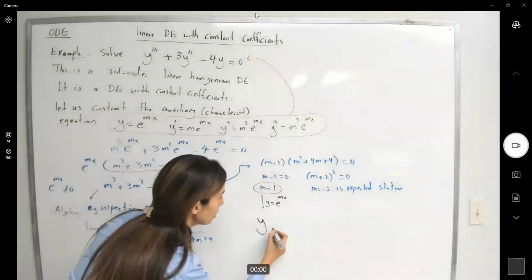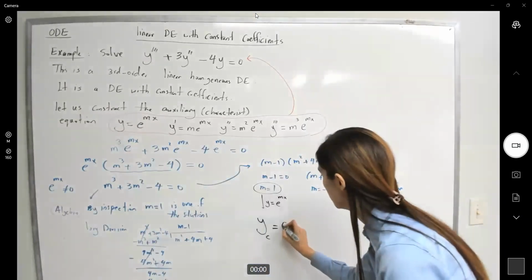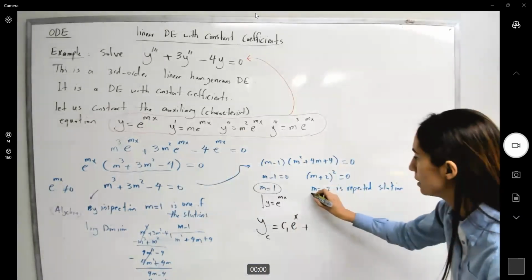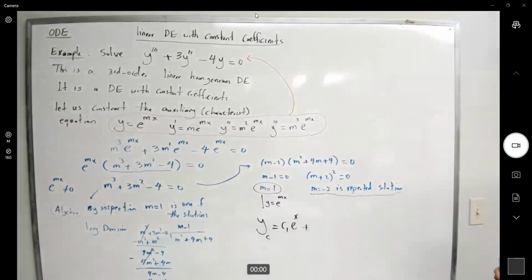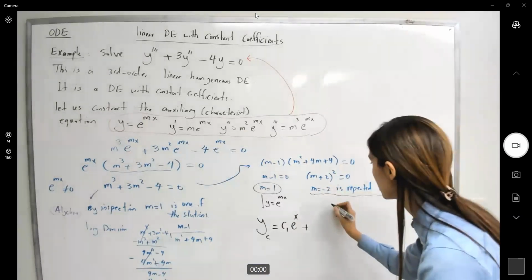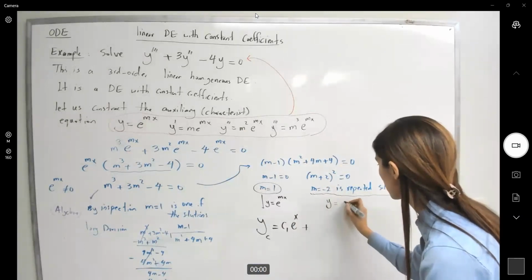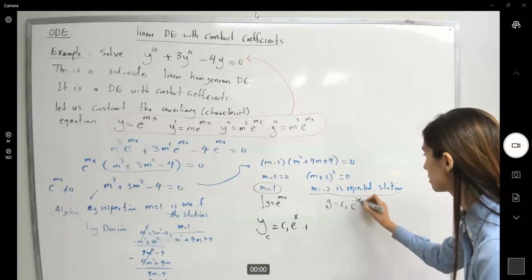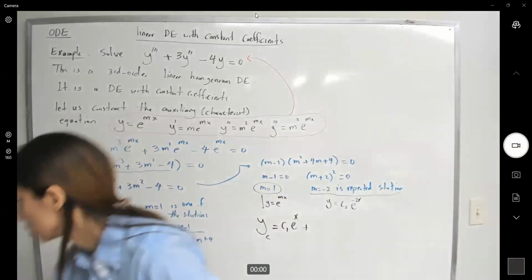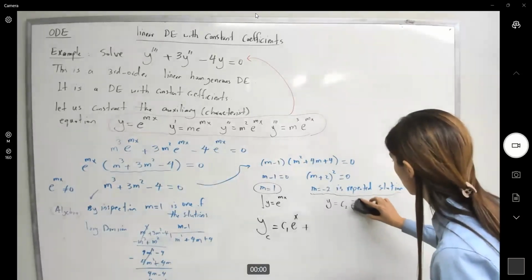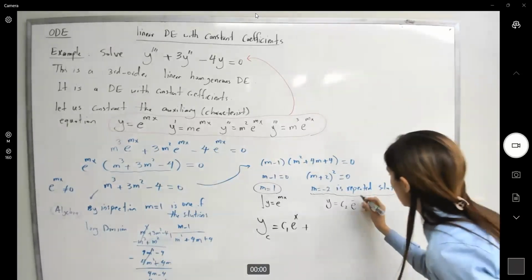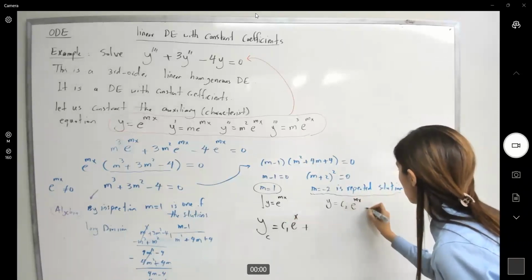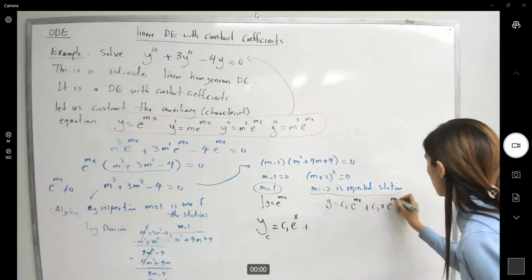So the general solution can be written as c1 e to power 1x plus. Now from m equals negative 2 as a repeated solution, we have the following. Remember, this is the way that we wrote it down as we explained last week. The general form is c2 e to power mx plus c3 x e to power mx.